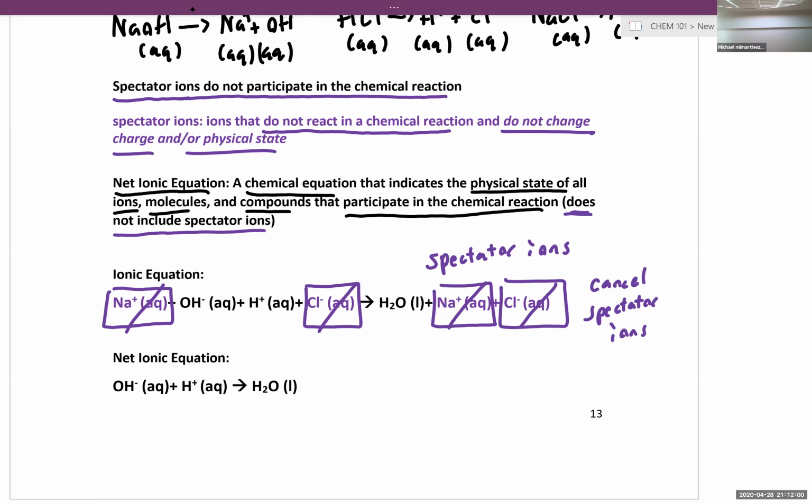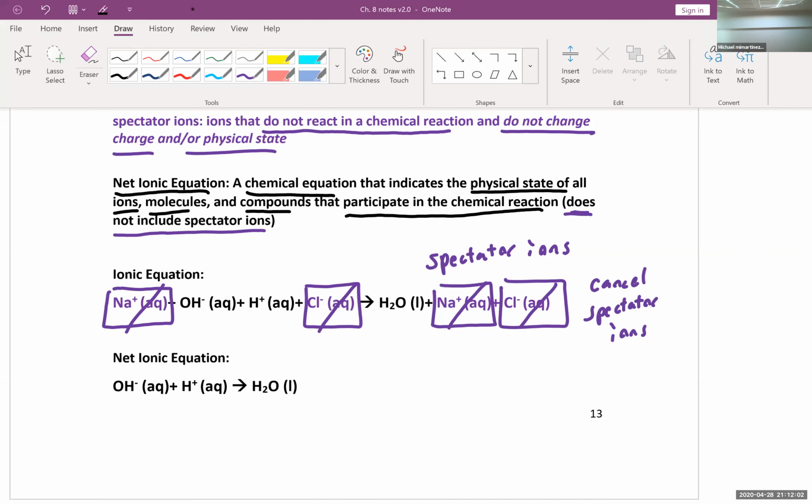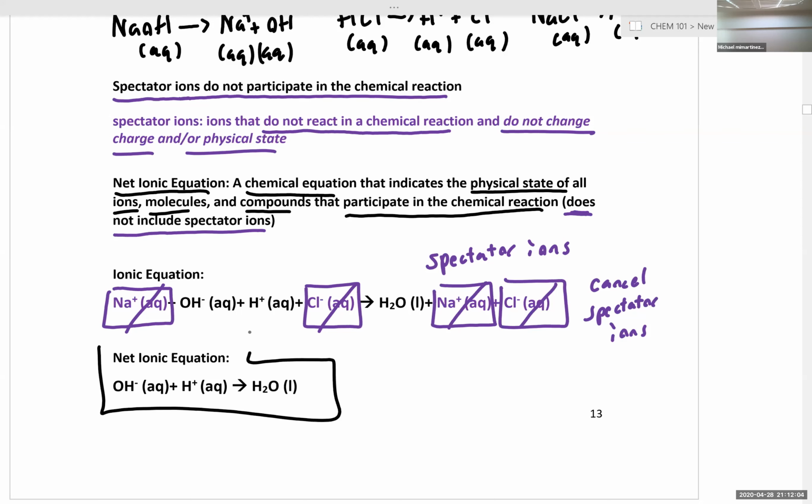That in turn gives us this simple net ionic equation, which helps us understand what is actually going on in our chemical reaction. Fundamentally, this is an acid-base reaction. H plus and OH minus are reacting to yield water.